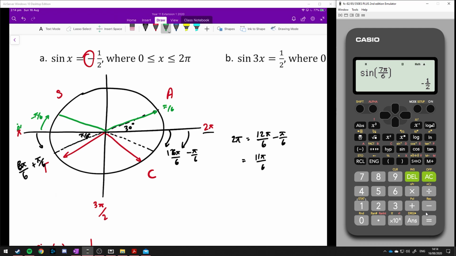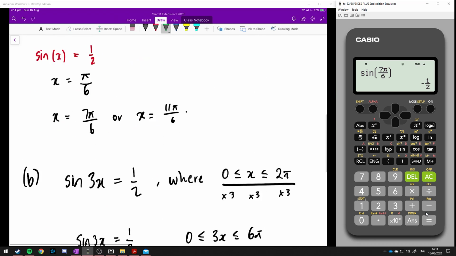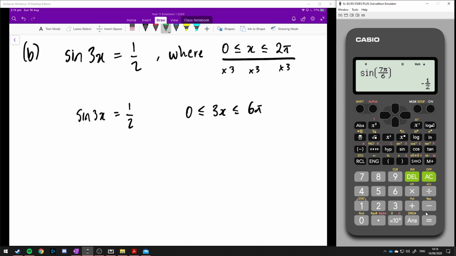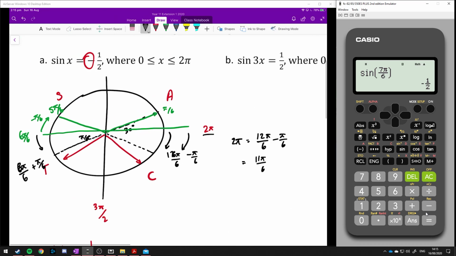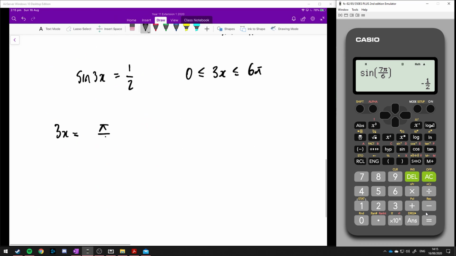If this is 6 pi on 6 over here, and we're taking away pi on 6, that means the value up here is 5 pi on 6. So our two values where sine is positive, now this is between 0 and 6 pi, so 3x is equal to, back up here, pi on 6 and 5 pi on 6.